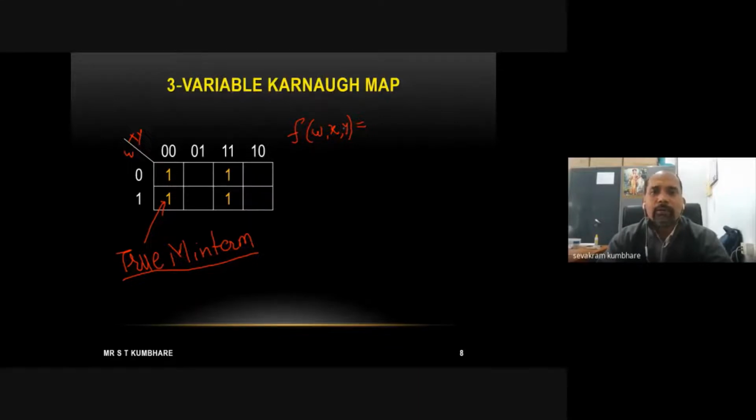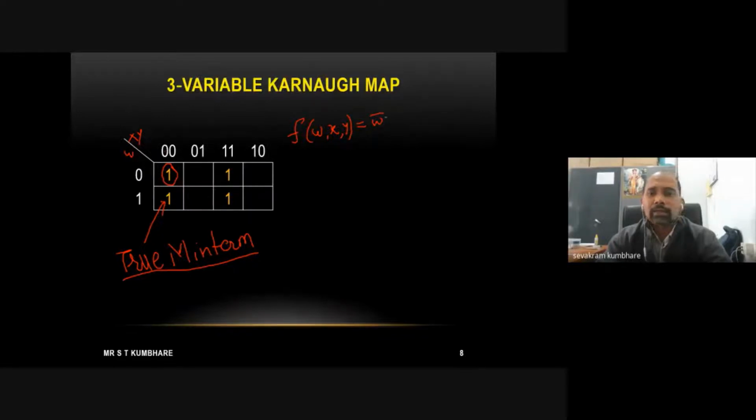So if I want to write down the expression for this, how can I write it down? I can take each of these cells having value 1. Now in this, the value of w is 0, so I can write this as w bar, since it is 0.